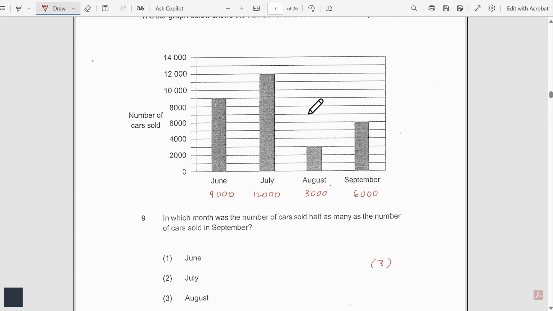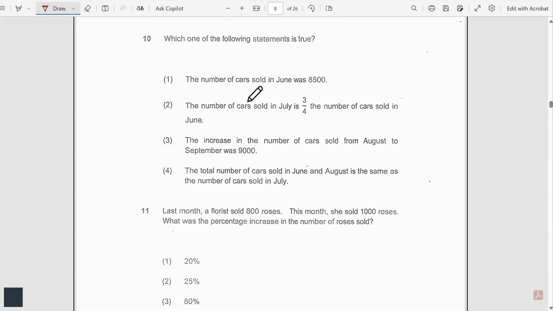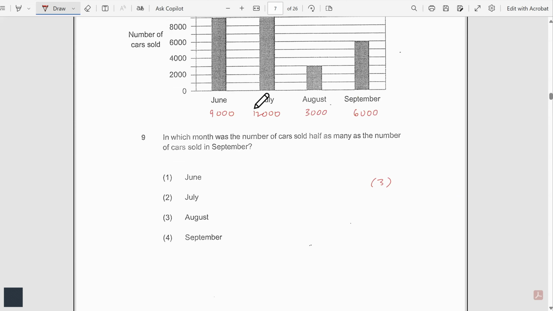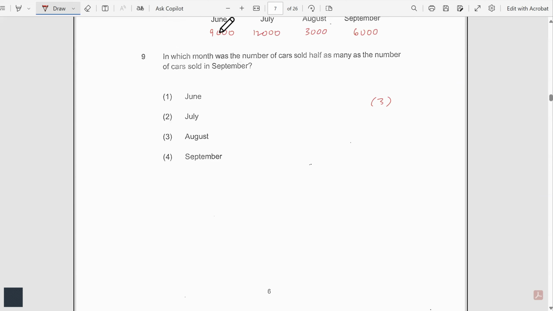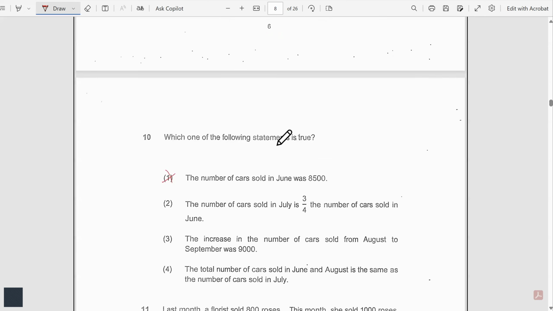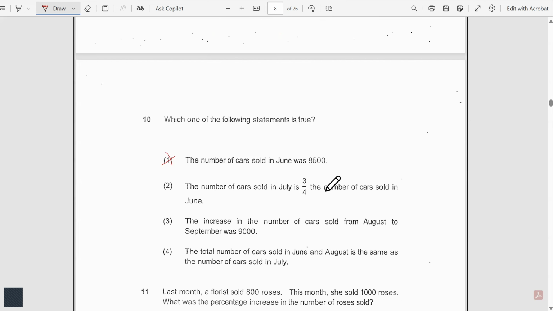Okay, then with this same graph, right, let's look at 10. Which of the following statements is true? Number of cars sold in June was 8,500. Okay, June, no, wrong. June is supposed to be 9,000, right? Then number of cars sold in July was 3/4 the number of cars sold in June.